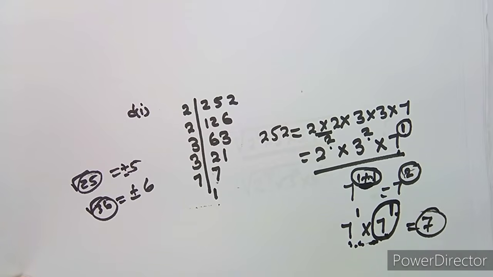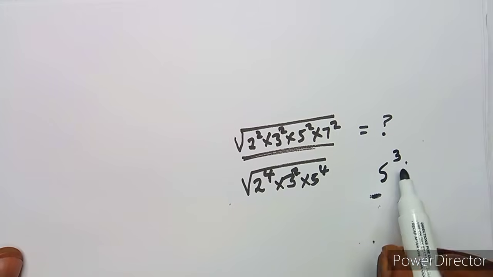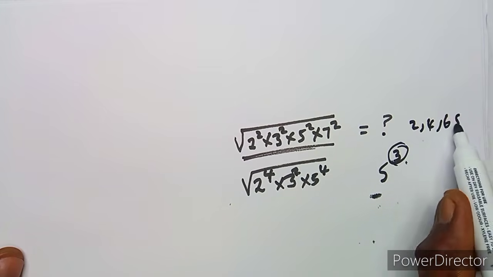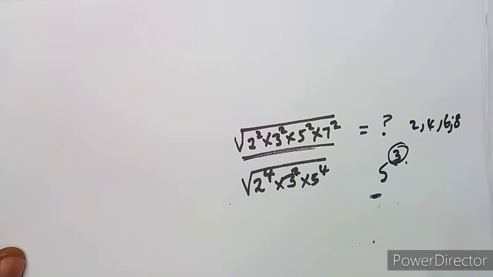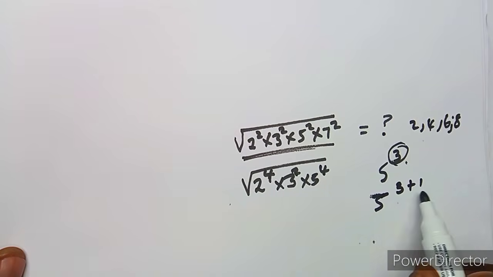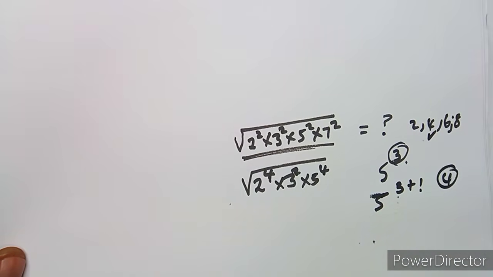Take note, guys, if I was having 5 to the exponent of 3 like this, what I want is to make this an even number, which means we're talking of 2, 4, 6, 8, and so these are even numbers. So definitely I'm going to add the smallest number, which is 1, to make this an even number, because 3 plus 1 gives me a 4, which is now an even number. But 5 to the exponent of 3 plus 1 means that you are multiplying 5 to the exponent of 3 times 5 to the exponent of 1.